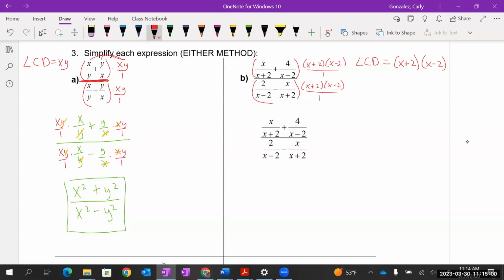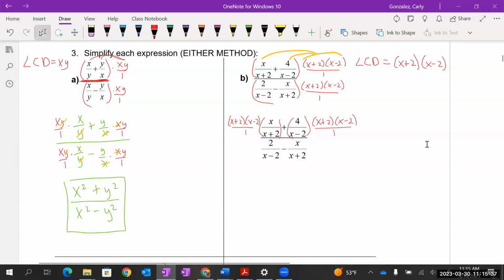Each of those. What that ends up doing is we have to distribute that whole quantity to both of the fractions. So we multiply this first fraction on the top left by x plus 2, x minus 2 over 1, and that top fraction on the right by x plus 2, x minus 2.